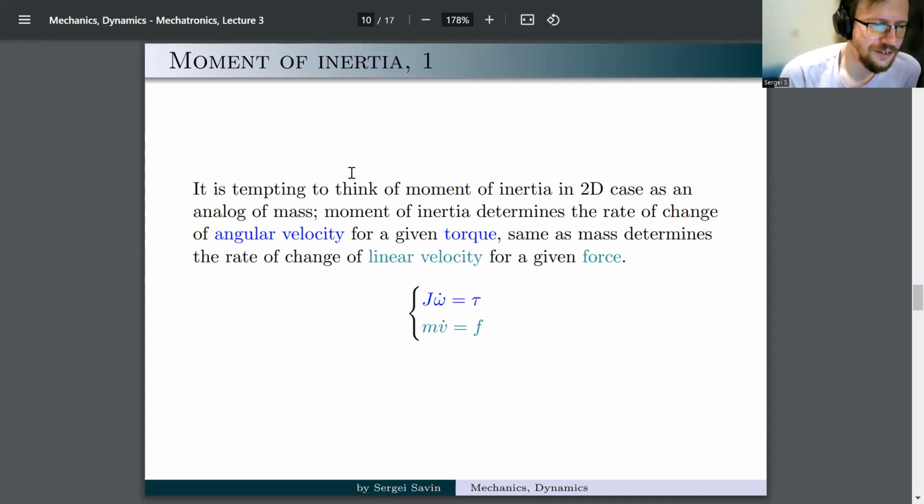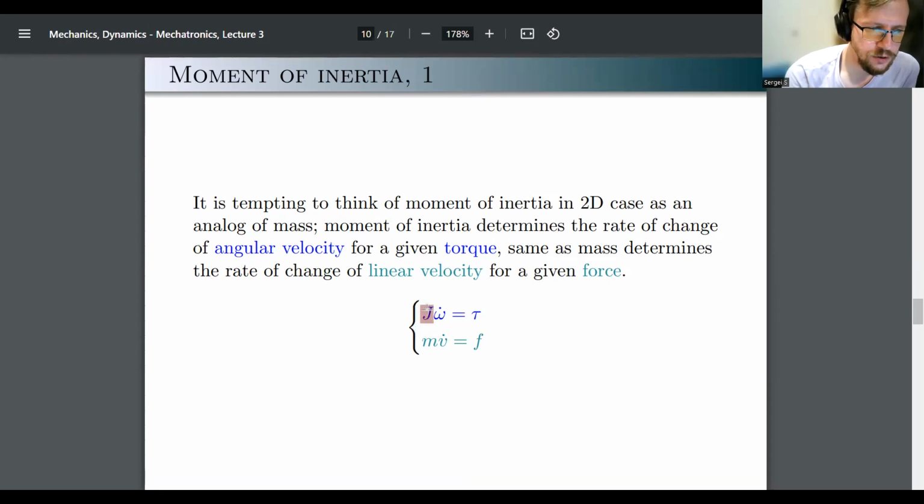Now, it is tempting to say that moment of inertia in the 2D case is the analog of mass, that they are exactly the same, right? And it is tempting because moment of inertia defines how fast angular velocity changes when torque is applied. Mass defines how fast velocity changes when force is applied.